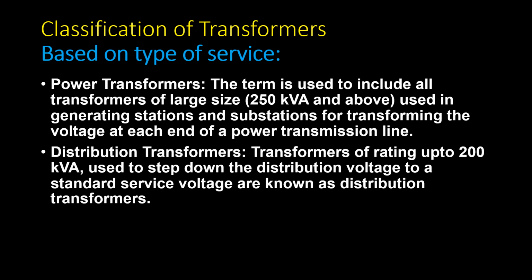For transmission purposes, we need very high voltages, either 66 kV, 132 kV, 245 kV, 400 kV, 765 kV. So from 11 kV we need to step it up, and for that purpose we have generating transformers and transmission transformers. Those transformers have higher rating, so they are called power transformers.